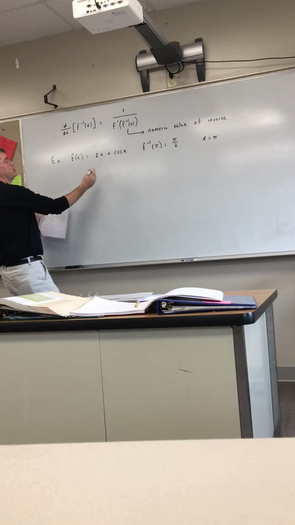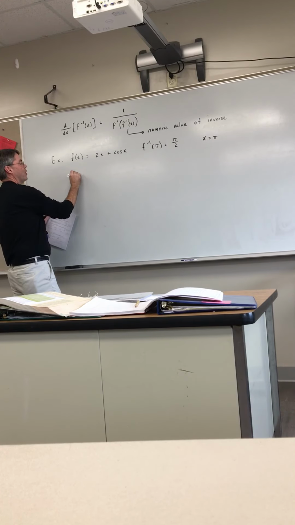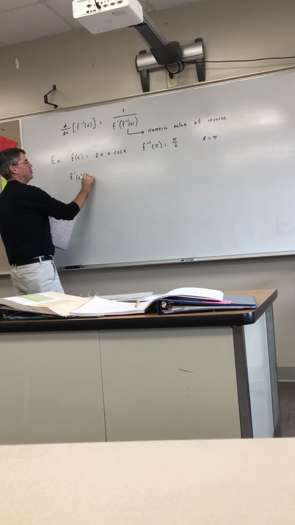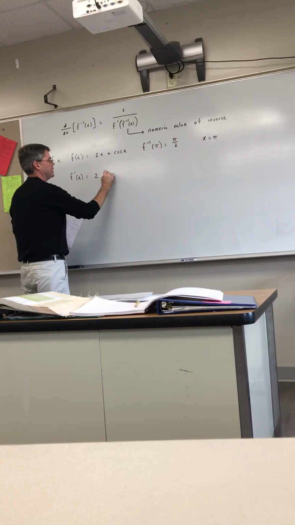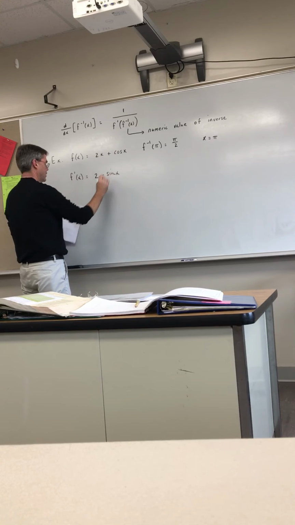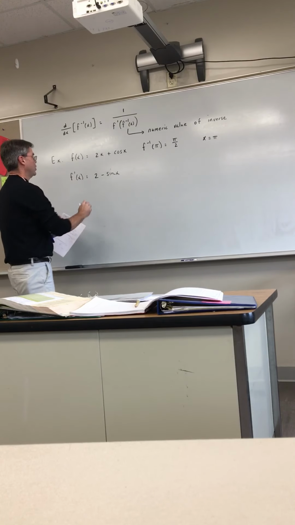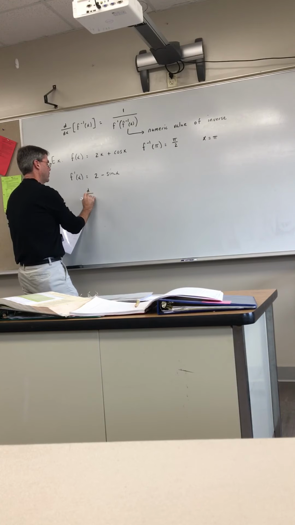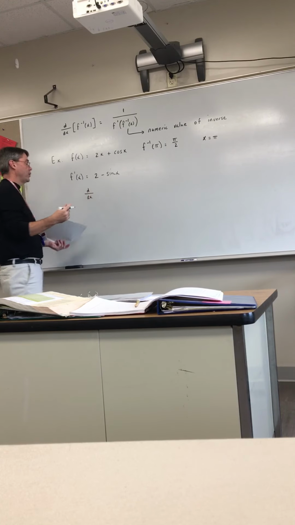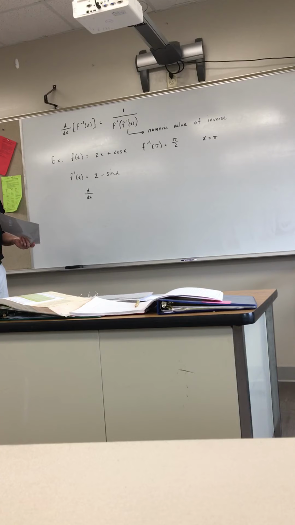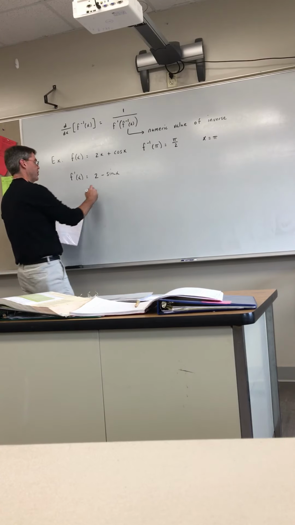Okay, so the first thing you do, you really just got to memorize this procedure. Take the derivative of the original function f of x. That's going to be 2 minus sine x. So the value of the derivative, or another way to say this, is the slope of the inverse at x equals pi. That's what we're trying to find.